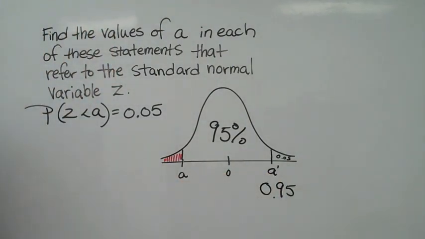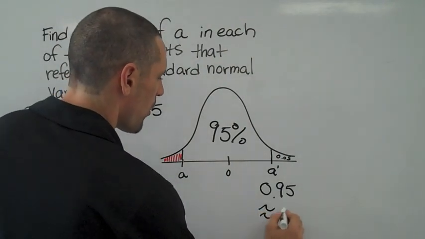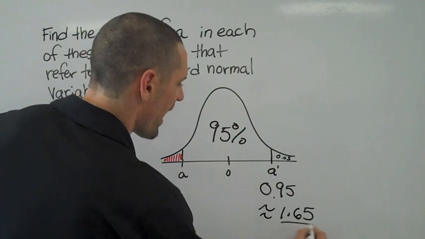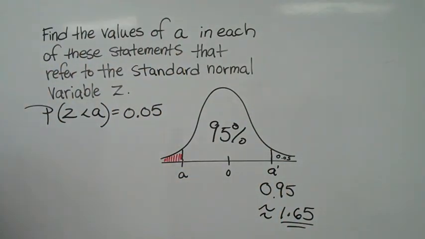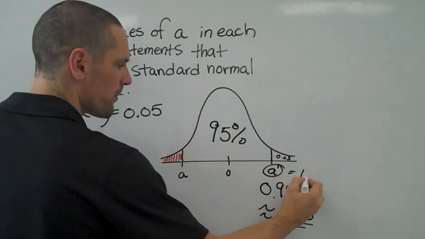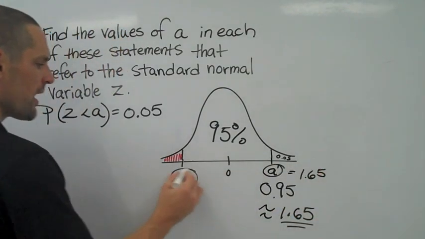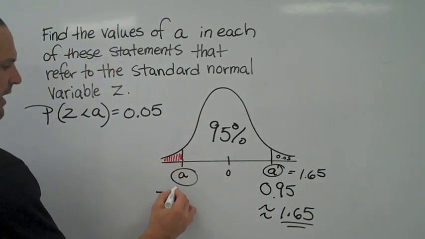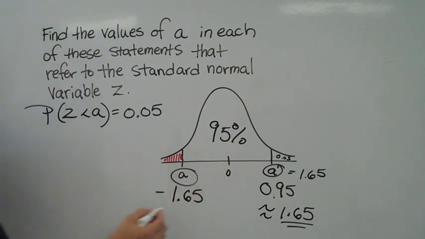Where is 95% of my data? Well, it turns out that's at about 1.65. Let's call it about 1.65 has 95% of the data less than 1.65. Well, if a prime is 1.65, what would a be? Of course, negative 1.65. Again, by symmetry. And what's the problem here?